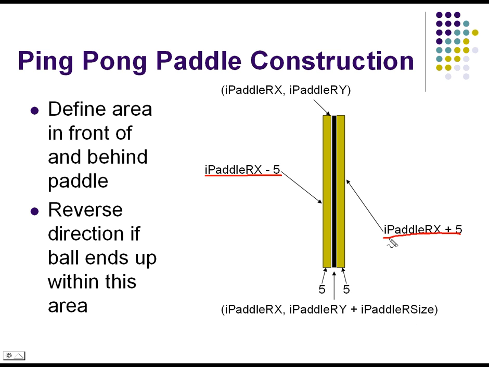But by making a region of this, paddle X plus 5 and paddle X minus 5, we create a zone where if the ball ever ends up inside this zone, we're going to change its direction. And that means whether the ball comes from this side or from this side, the direction will be changed, and therefore it'll bounce back on the correct side, and it'll look like it's bouncing off of either side of the paddle. And that's what we want.